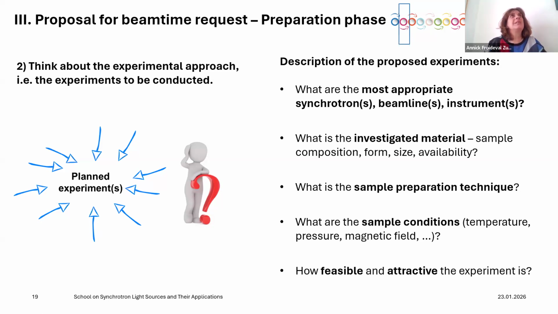Here, what is important, and maybe an advice I would like to share with you that can really be beneficial for your proposal, is to show to the reviewers, that means the person that will read your proposal and decide on the scientific basis and scientific excellence whether your proposal will be granted or not, that you know very well your sample and that you have characterized it or them with more conventional techniques.